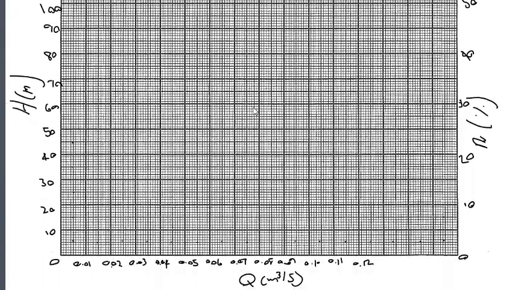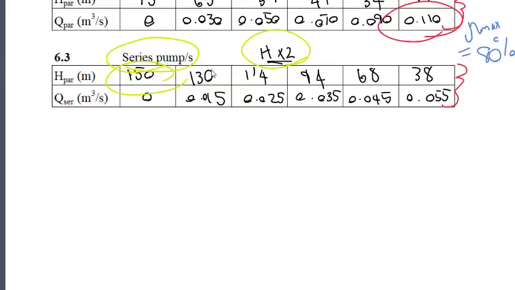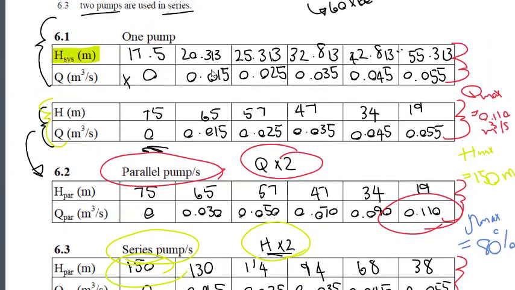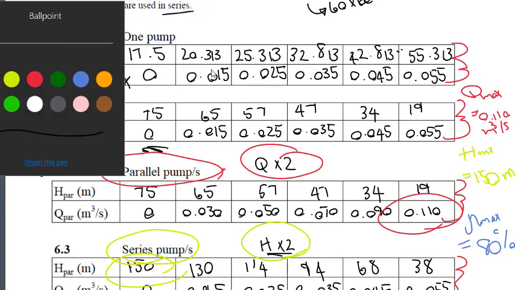Now we can simply start plotting our values. Let's start with the first one, if we go back to our previous page. Let's pick a color. Let's do the H system in the lime green color.